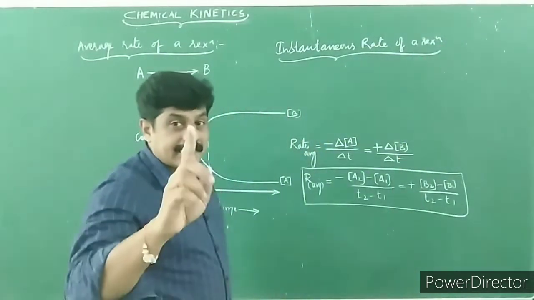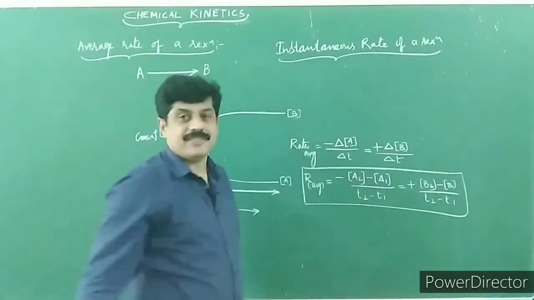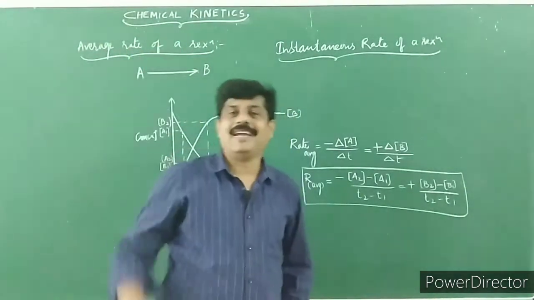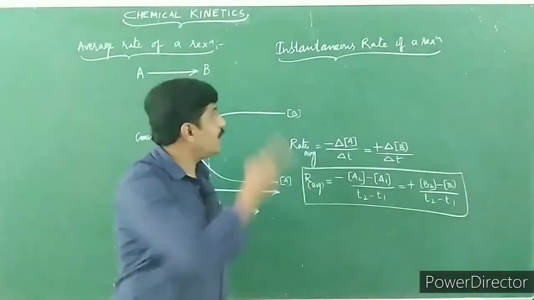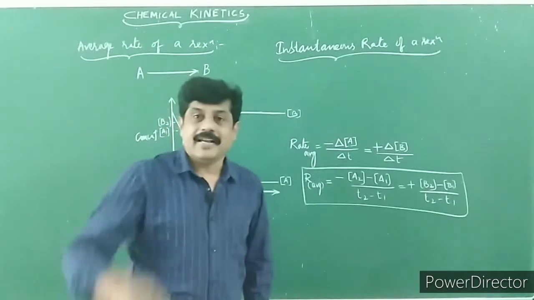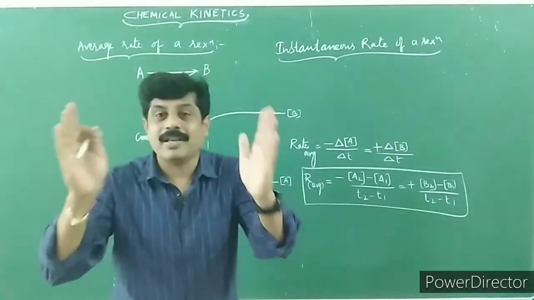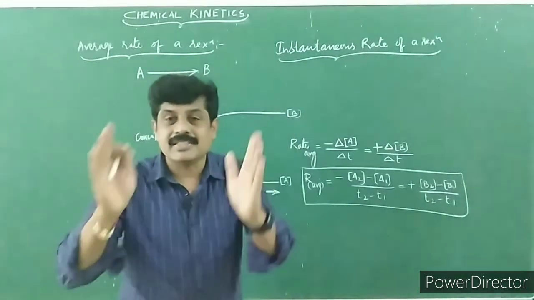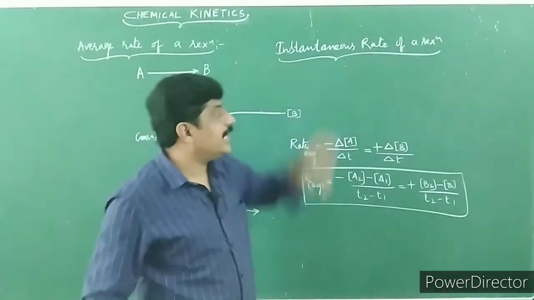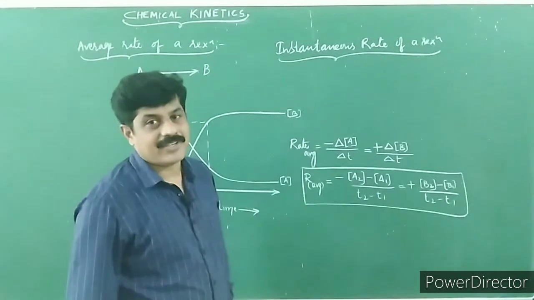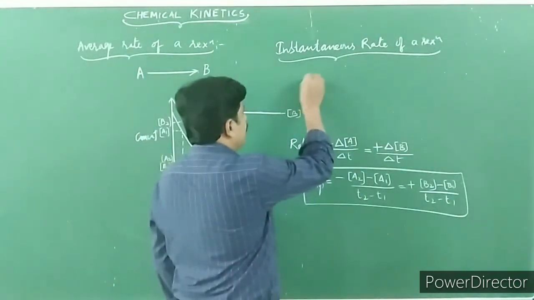Children, the literal meaning of instant refers to a particular period of time. In that case, how do I define instantaneous rate of reaction? The rate of a reaction measured over a small period of time, at a particular instant of time. That is what you call instantaneous rate of reaction. In that case, look at here, children.